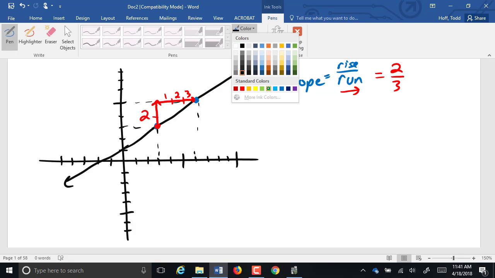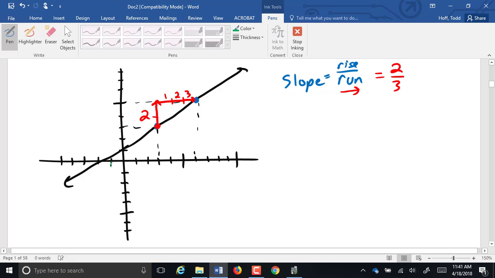If we have another line, let's say it has a point there and a point there. And our line goes through those points. So I identified those 2 points that we have coordinates for.